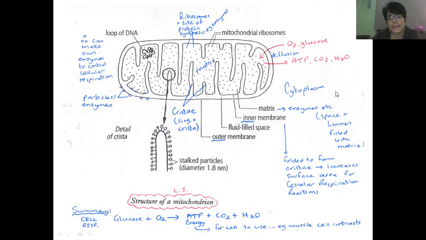Now, we simplified in grade 10, so we know that we breathe in oxygen and we break down carbs into glucose, and they arrive at the cells in the blood, and then they diffuse through the cells and through the mitochondrial membranes and into the mitochondrial matrix, and that is where cellular respiration takes place. But in grade 11, we do it more accurately. This is very simplified.